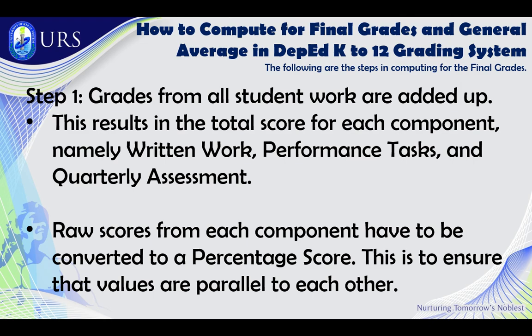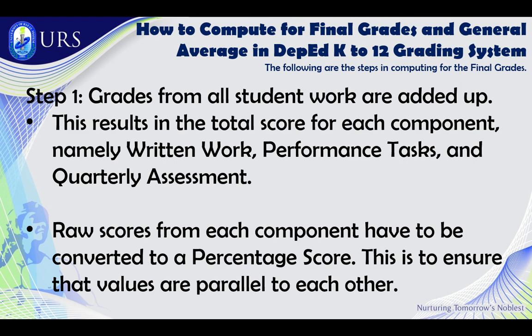So, this results in the total score for each component, namely written work, performance task, and quarterly assessment. So, lahat ng ginagawa ng mga bata at ng mga students ay pinagsasama-sama na po yun. Raw scores from each component have to be converted to a percentage score. This is to ensure that values are parallel to each other.